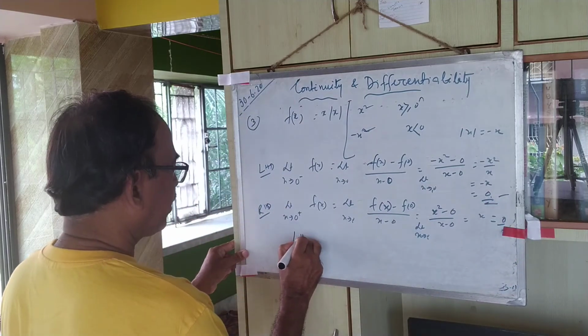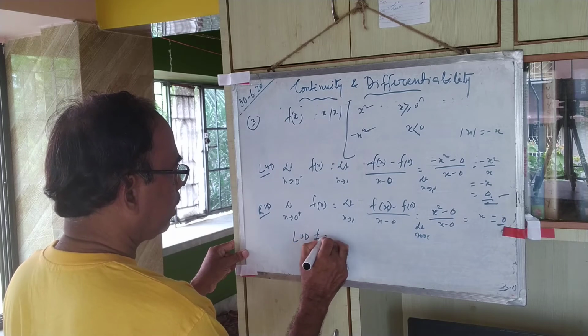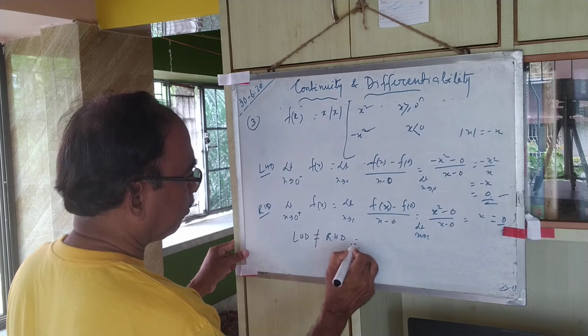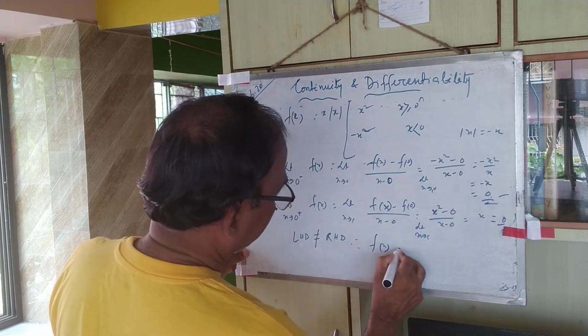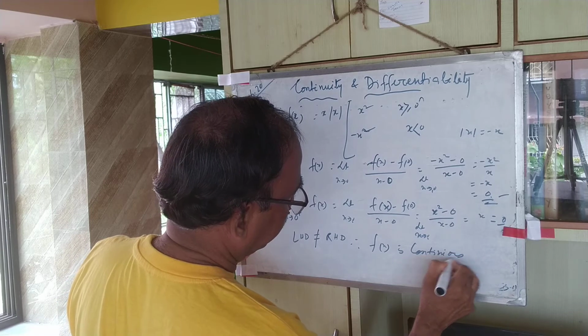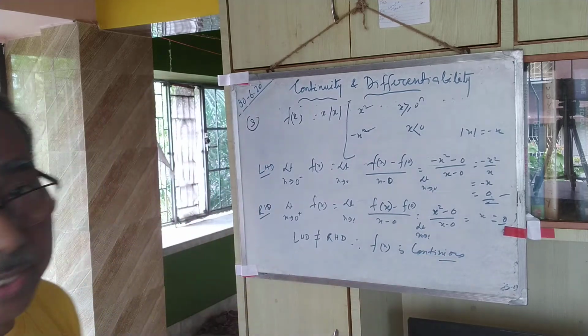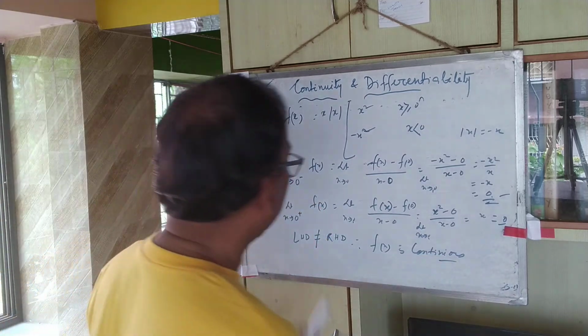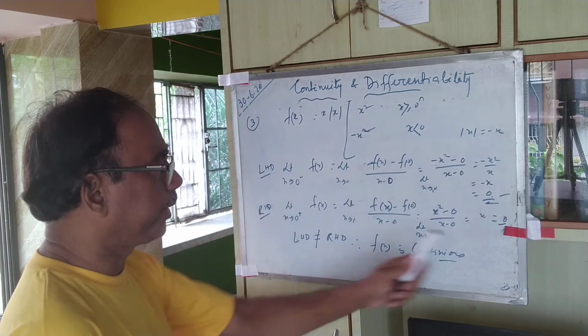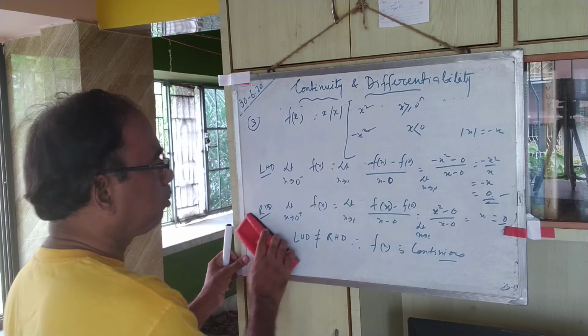Therefore, left hand derivative equals right hand derivative. Therefore, f(x) is differentiable. In this case, we can say f(x) is differentiable because left hand derivative is 0, and right hand derivative is also 0 using this formula.